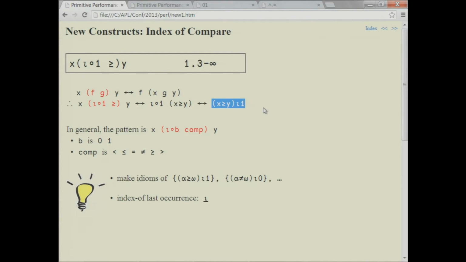In general, the pattern is iota composed with B, and a comparison, where B can be 0 or 1, and the comparison can be any of the arithmetic comparisons.